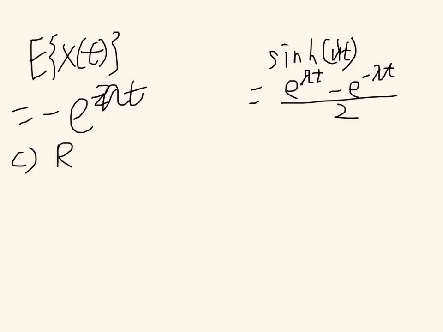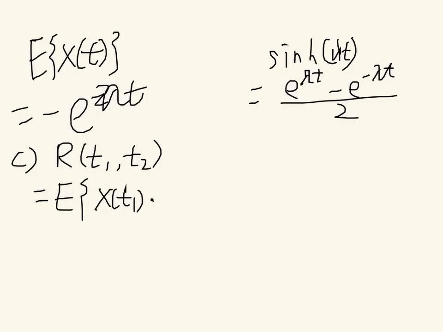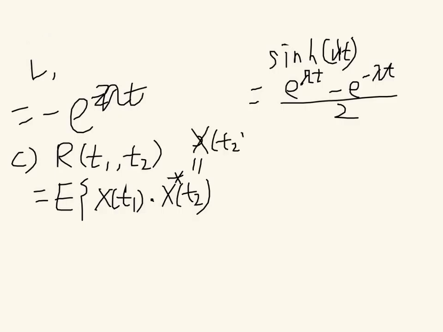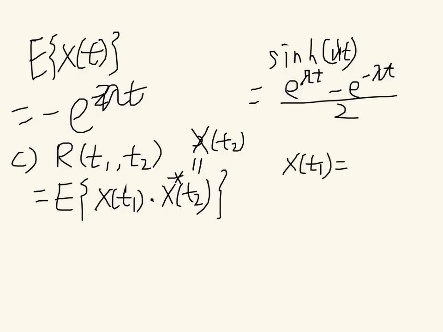Now we need to find the autocorrelation R(t1, t2). This is equal to E of X(t1) times the complex conjugate of X(t2), which is equal to itself. We know X(t1) and X(t2) can be, there can be 4 combinations.